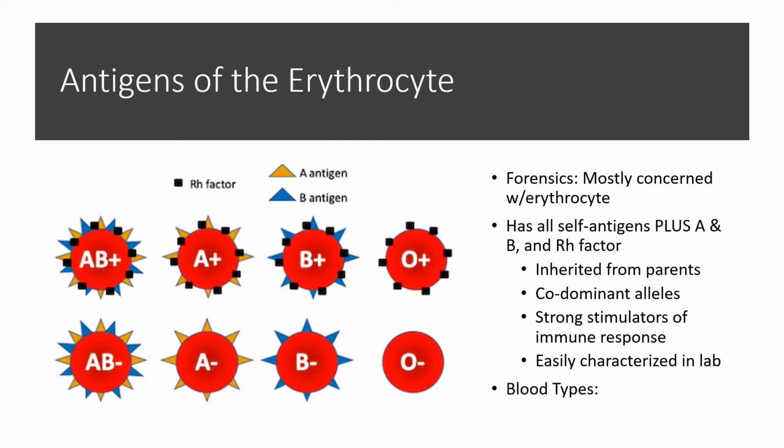Blood type antigens are co-dominant alleles. We're going to talk about different modes of inheritance later on, but suffice it to say, what your mom gives you and what your dad gives you, mom's blood type gene and dad's blood type gene, both show up in your blood.